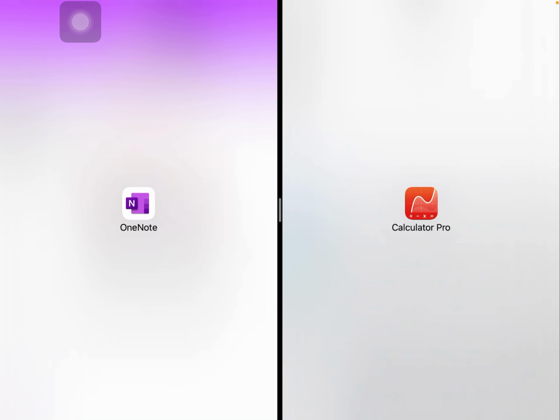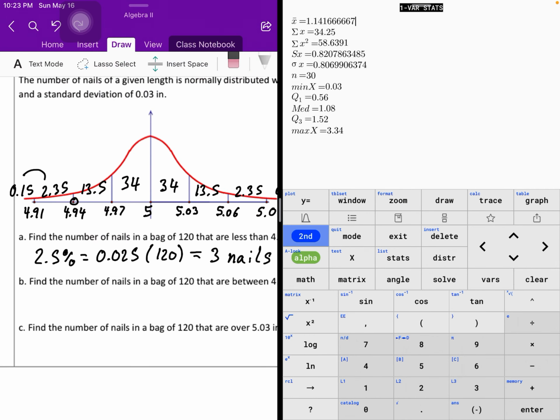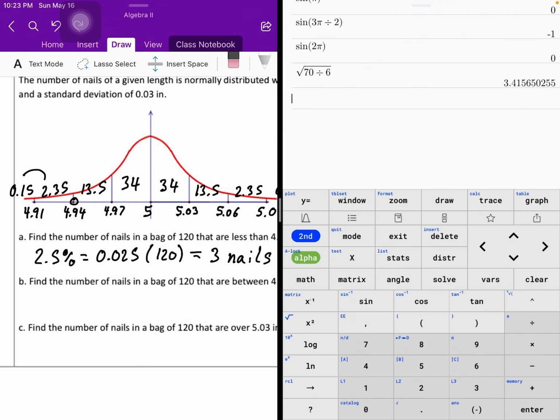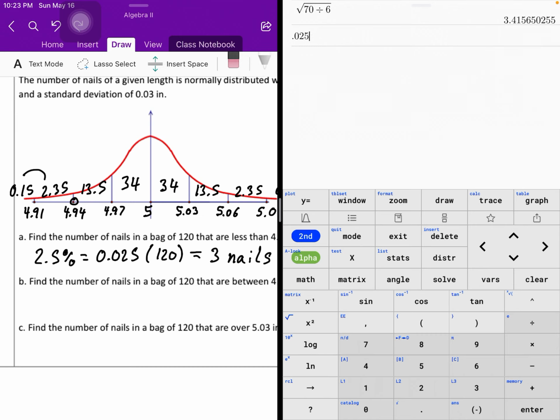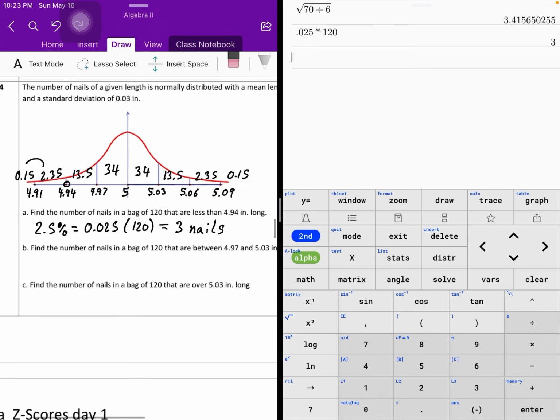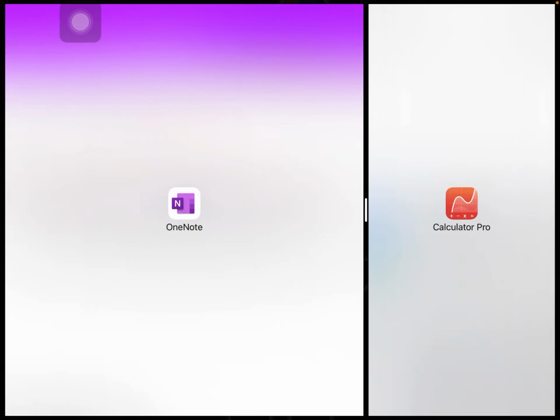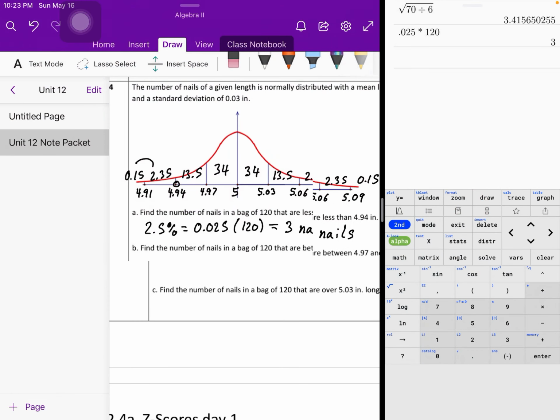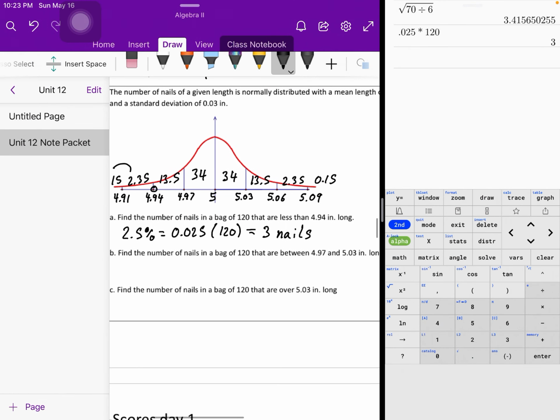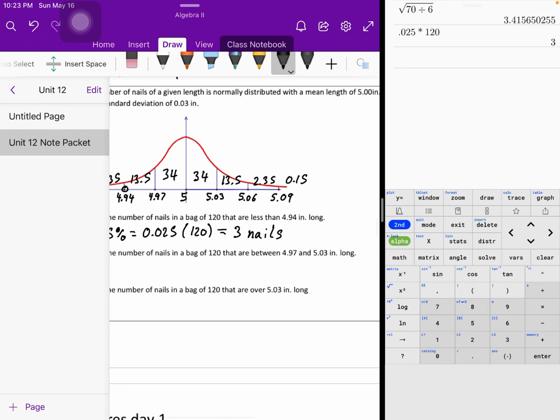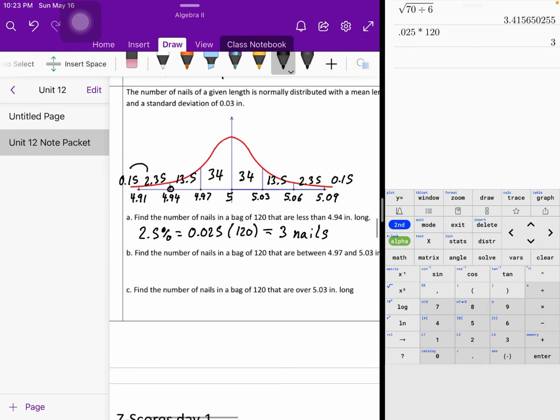We can pull up our handy dandy calculator here just to show you how to do this. 0.025 times 120. And we do get exactly 3 with that one. Part B, find the number of nails in a bag of 120 that were between 4.97 and 5.03. So 4.97 and 5.03 is going from here to here.